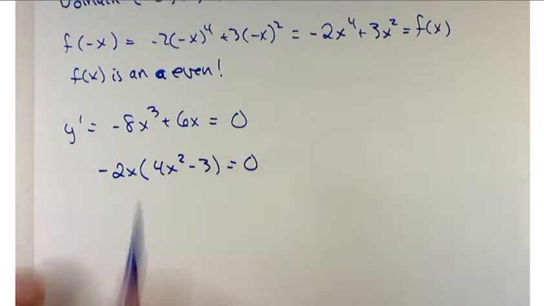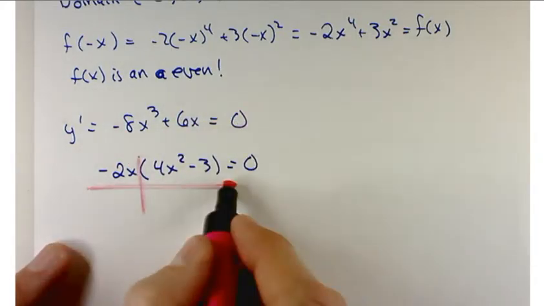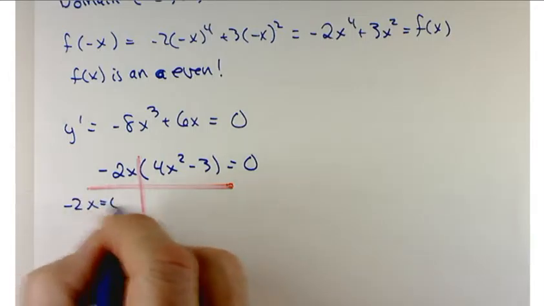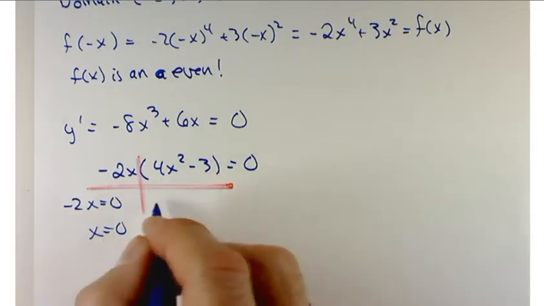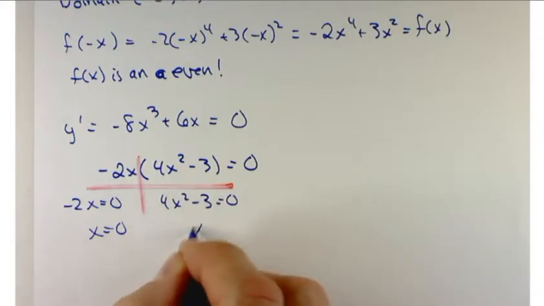One of two things is going to happen. If you're going to get a 0 from this, either the first term is 0 or the second term is 0. So negative 2x equals 0, meaning x equals 0, or 4x squared minus 3 equals 0.